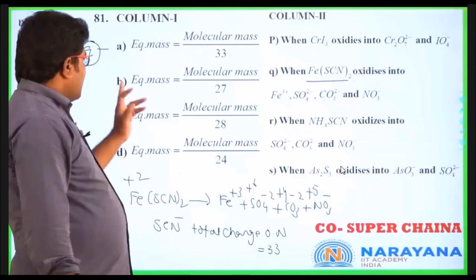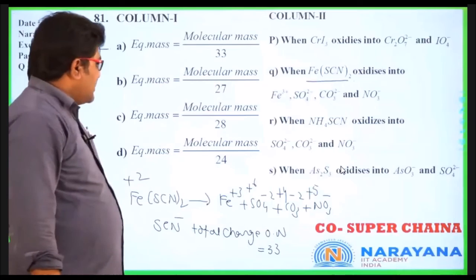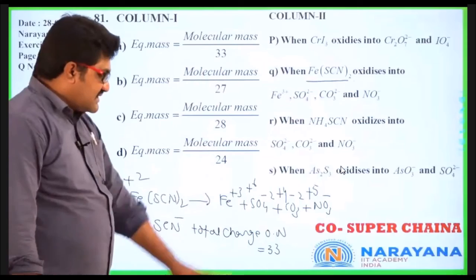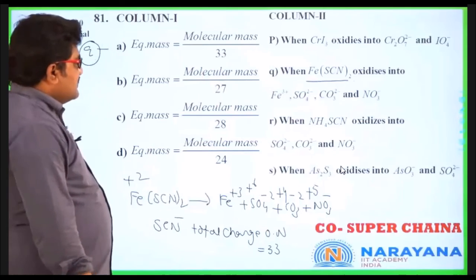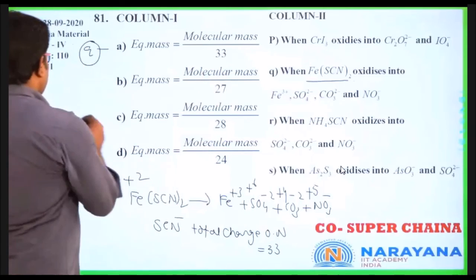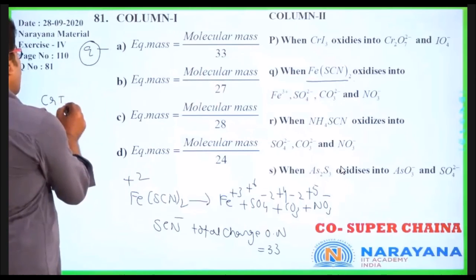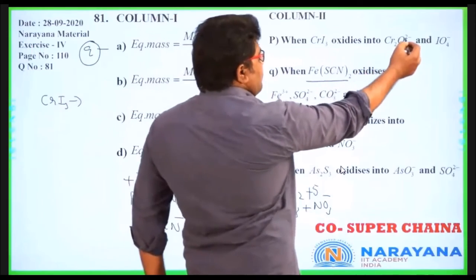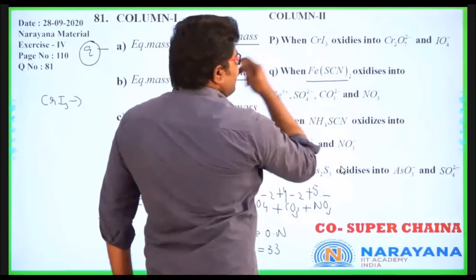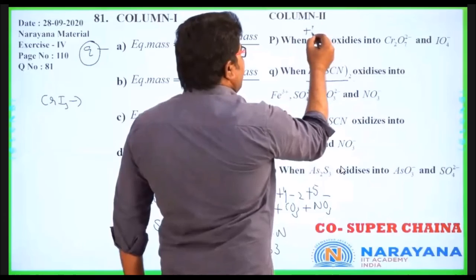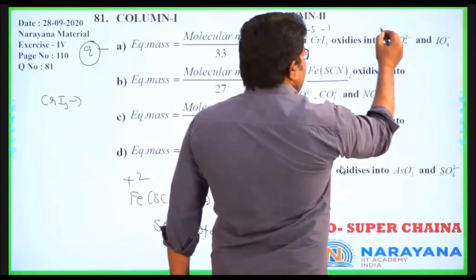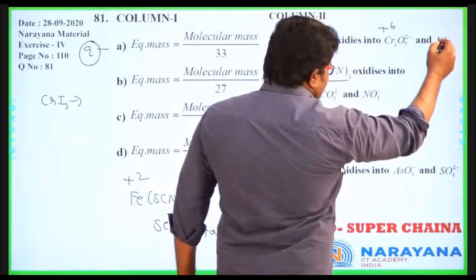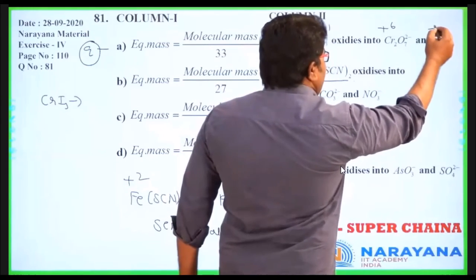And then for B, equivalent mass is equal to molecular mass by 27. Okay, so in which of the following that was correct, we will check it. Okay, when CrI3 is converting into Cr2O7 minus 2. So here in CrI3 it is plus 3, iodine is minus 1, and here it is plus 6, and here IO4 minus, x minus 8 is equal to minus 1, so plus 7.